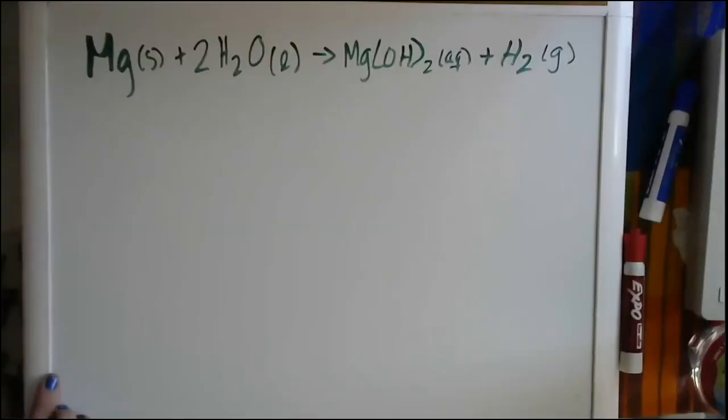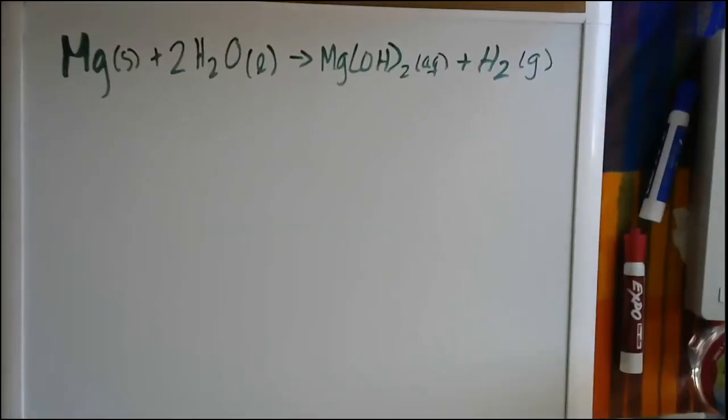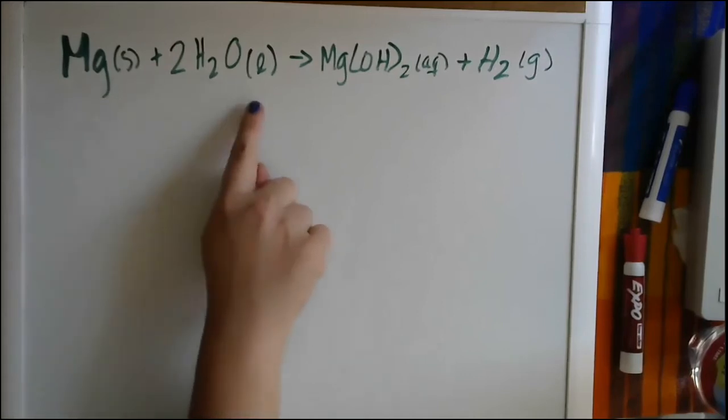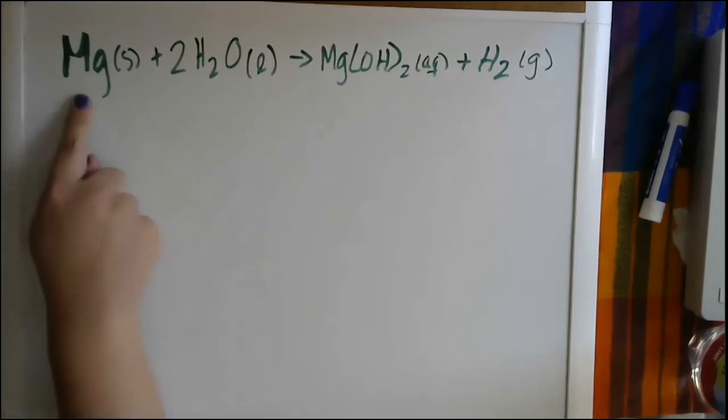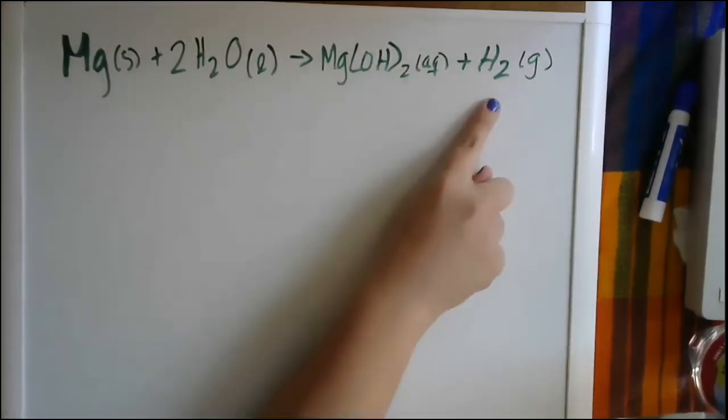Okay, so here's our reaction. Now the first thing that you need to do is go through and assign oxidation states to every single atom that's in this reaction, step by step, just like what we were doing, okay? I like to start with the things that are in their elemental form.